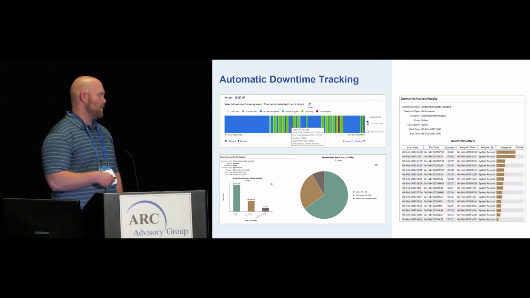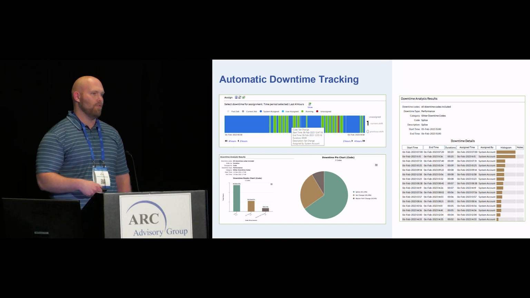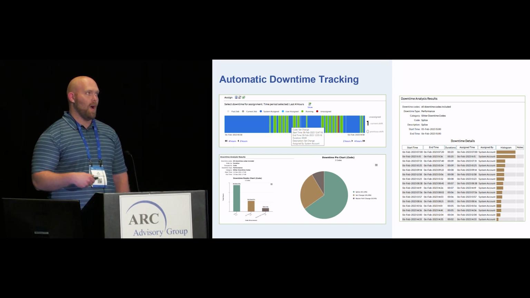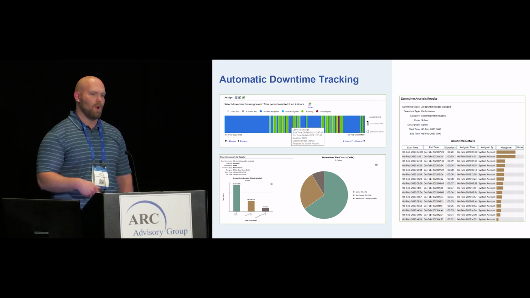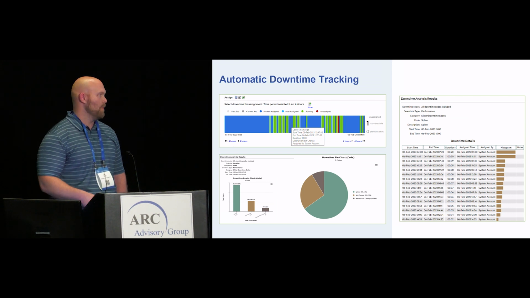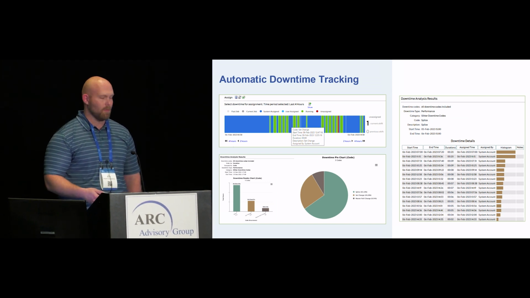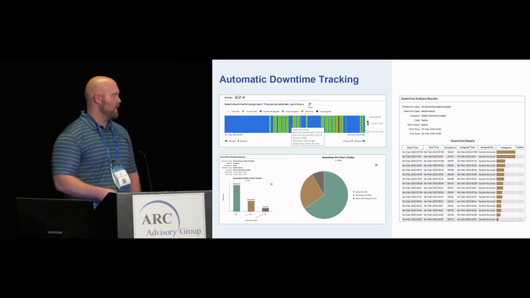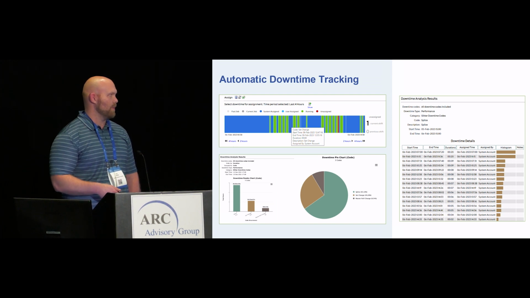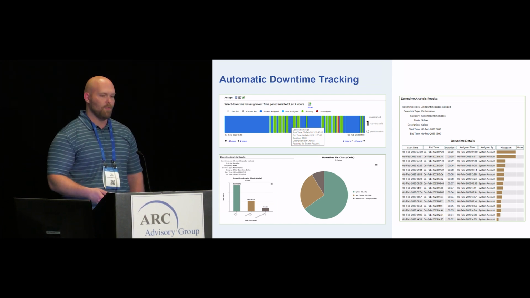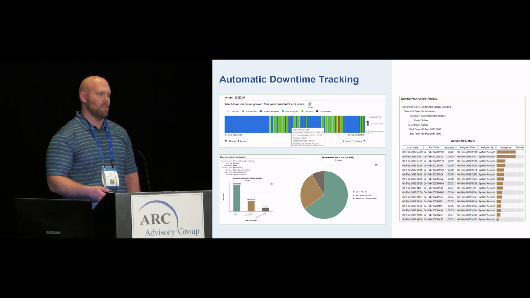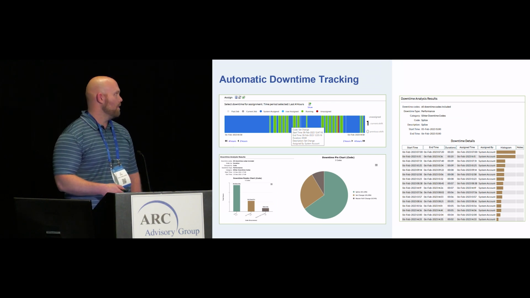So we can take that in and generate automated downtime reports, so we can see how people are performing to standard, how everything is going. If there's problems, is it a specification problem? Is it a machine problem? Or is it a training problem? And then you can see some of the analysis results, like when we have a real long downtime, we can help understand why that was. Were they working on a maintenance problem at the same time?